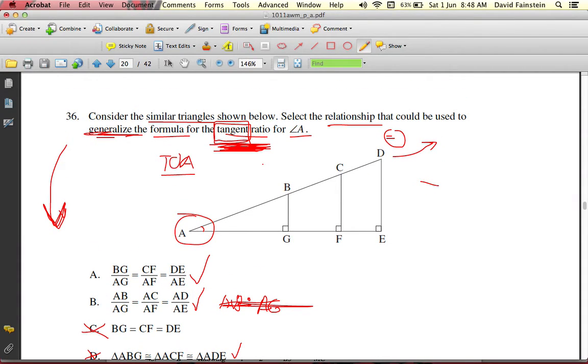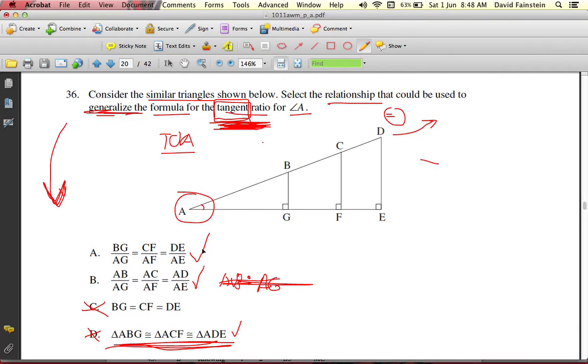Opposite over adjacent. Okay, well let's take a look. AB over AG. AB looks like a hypotenuse because it's directly away from our right angle, over AG. Hypotenuse over adjacent. AC over AF. Remember, our angle of reference is A. That's extremely important, which is why I underlined it, put the little angle there and circled it.